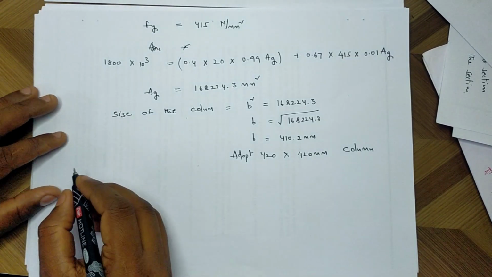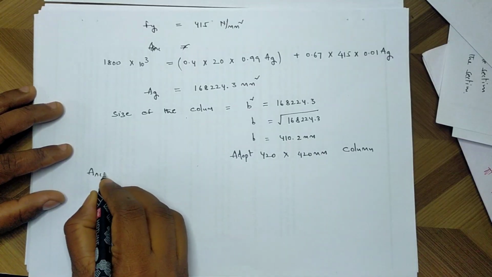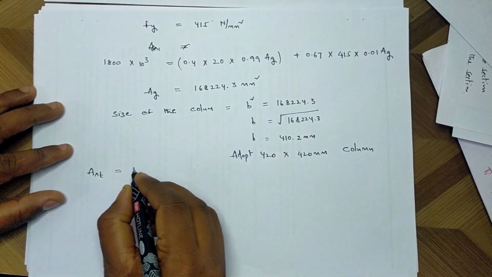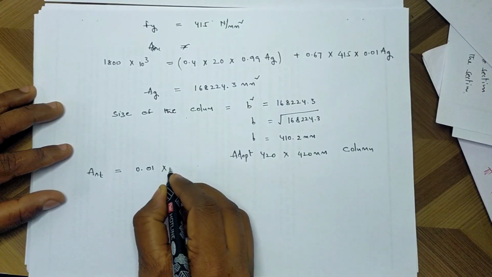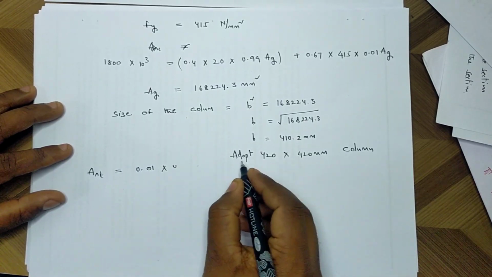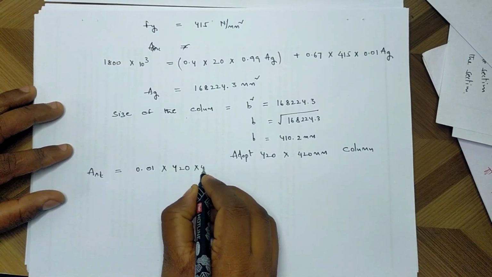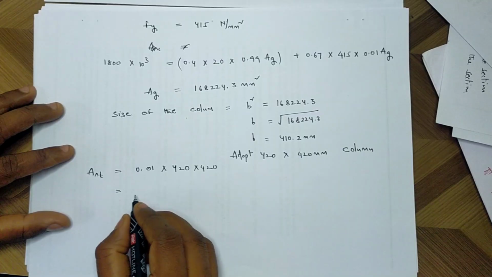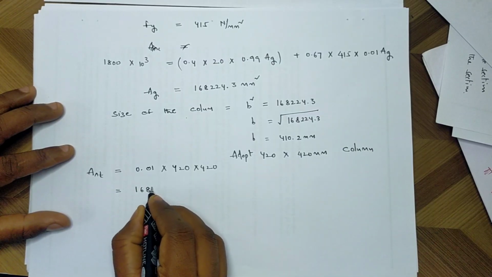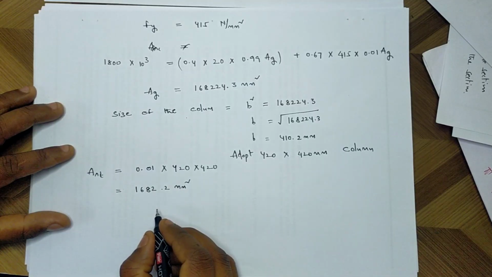Next, we need to determine Asc. Asc is equal to 1% of Ag. Ag means 420 into 420, so that is equal to 1764 mm square. This much steel we need to provide.